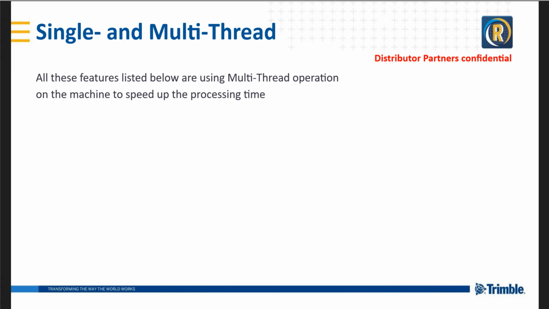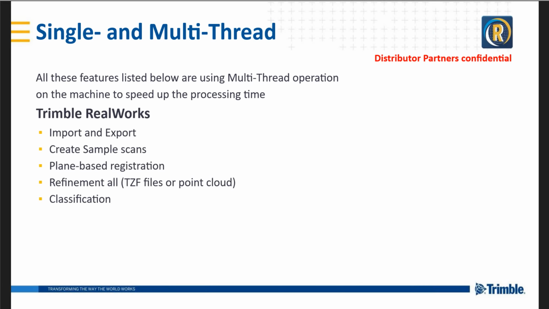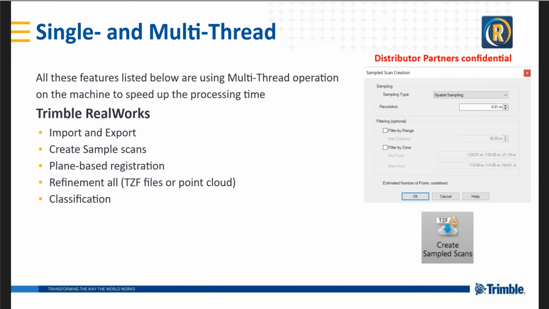Good. Then looking at RealWorks, how does it look in RealWorks? What are the operations there that support the multi-thread operation? Again, import and export, as we have seen in TBC, and also creating sample scans support this kind of operation.